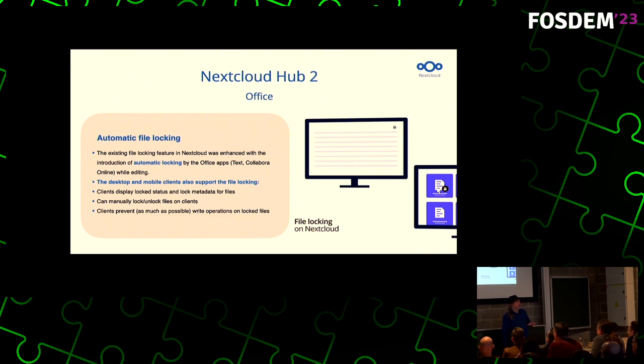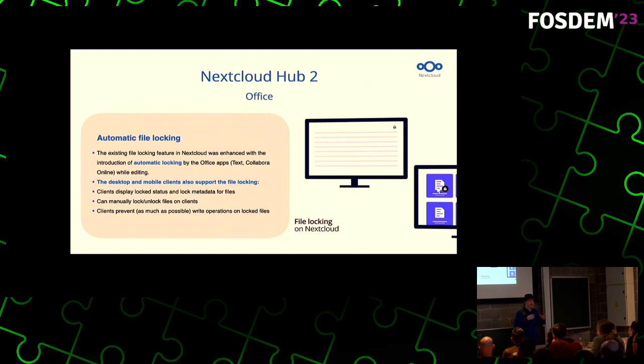A nice thing is we introduced file locking already a while ago. So if you're working with somebody else and it's not a file you can edit in Nextcloud, but it's a Photoshop file, for example, you need to download it and edit it. I'll get back to how we make that easier later. But with this release, we made file locking automatic. So if you're in Nextcloud Office editing a file, it gets locked so that your colleague isn't on the desktop client locally editing it at the same time and creating conflicts.